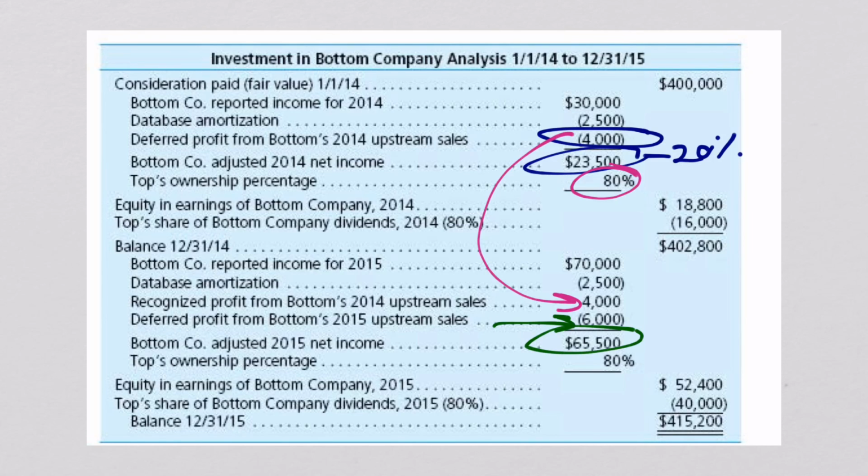You come up with a number, you take 80% to say that's the parent's portion of the subsidiary's income, but that leaves 20% belonging to the non-controlling interest. All right, what does it all mean? Pretty interesting stuff. Okay, and I think that concludes this version.